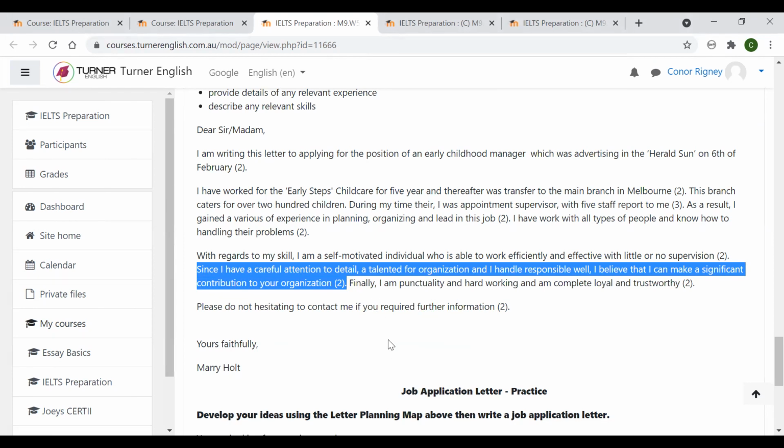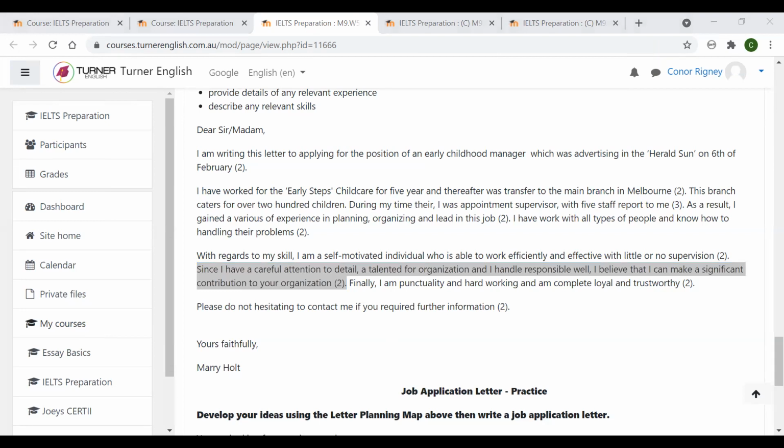Since I have a carefully attention, a careful attention to detail. So the answer is there.